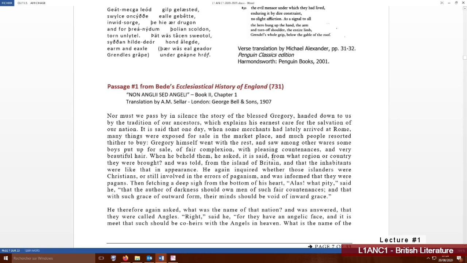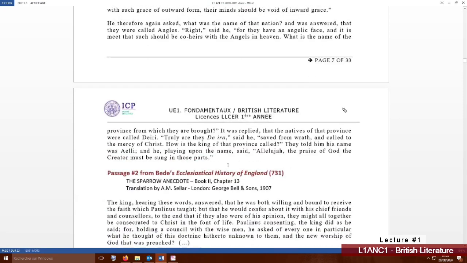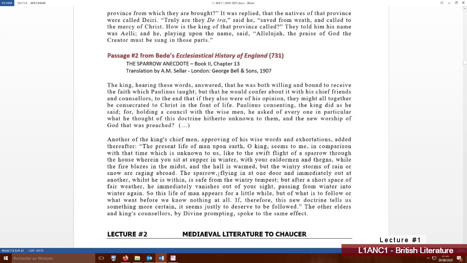They're not Angli, they're Angeli." They're not English, they're angels, something like that. And this would have, according to legend, decided Pope Gregory as to sending new missionaries to England to restore Christianity there.